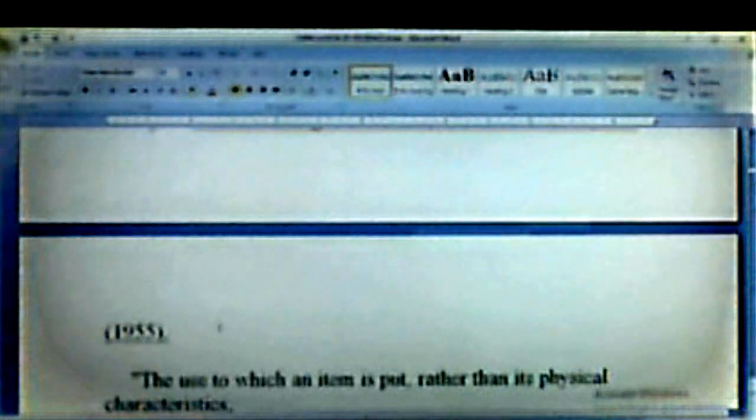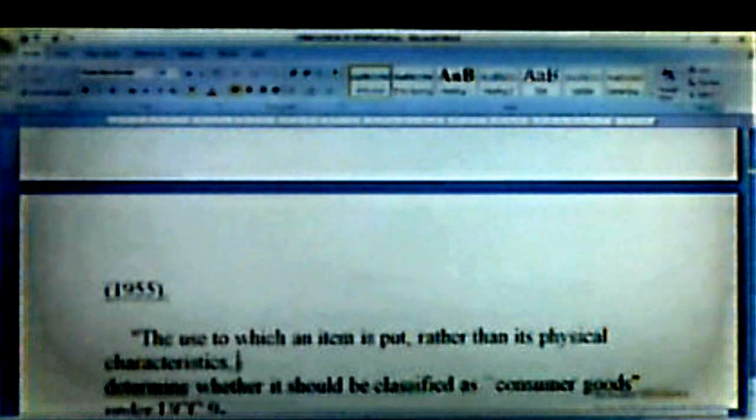And it stated the test to be whether the articles are or are not used in or by the household or for the benefit or comfort of the family, right? So here we see and know that this was over whether or not it was just personal use by the family or whether there was some other type of commercial use, right? I mean, that's pretty obvious to figure out. And that was in 1955.